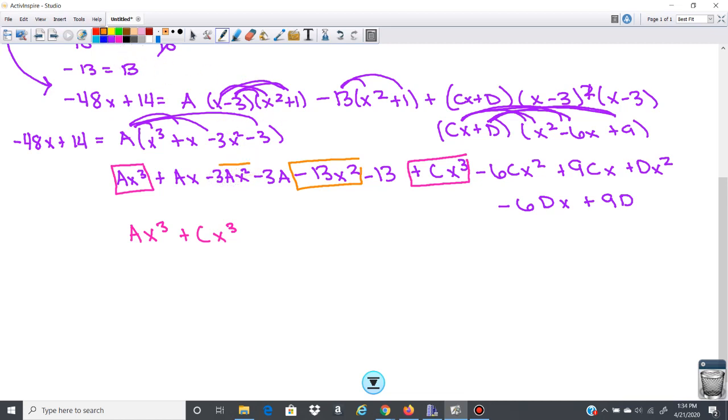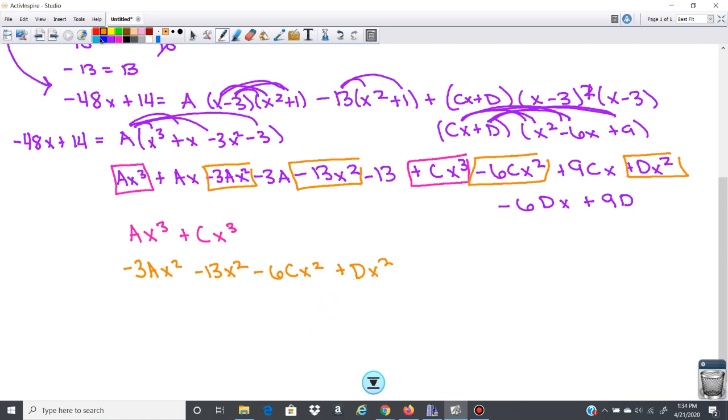So I've got this guy here, also a negative 13x squared, also a negative 6cx squared, and a dx squared. So for my x squareds, I've got a negative 3ax squared, a negative 13x squared, a negative 6cx squared, and a plus dx squared.